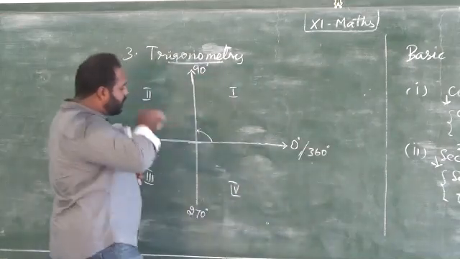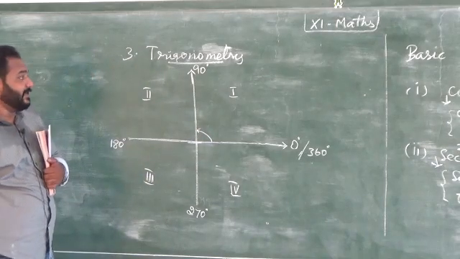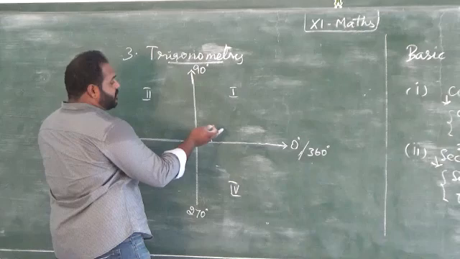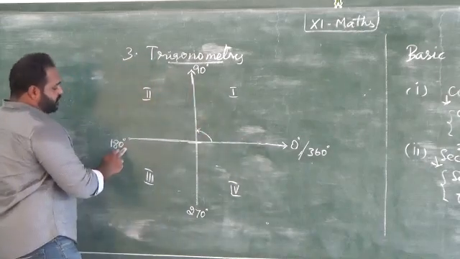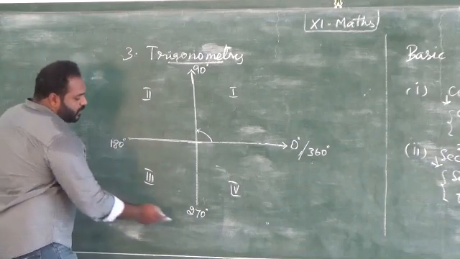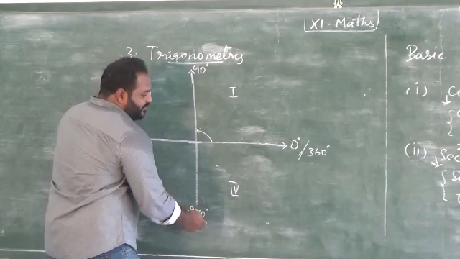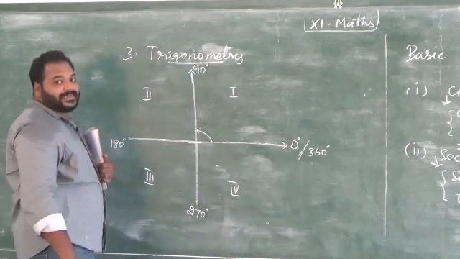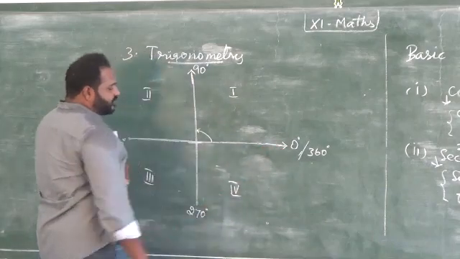So each quadrant contains 90 degree angle value. So 0 to 90 first quadrant, 90 to 180 second quadrant, 180 to 270 third quadrant, 270 to 360 fourth quadrant. 360 and 0 degree are both the same place.